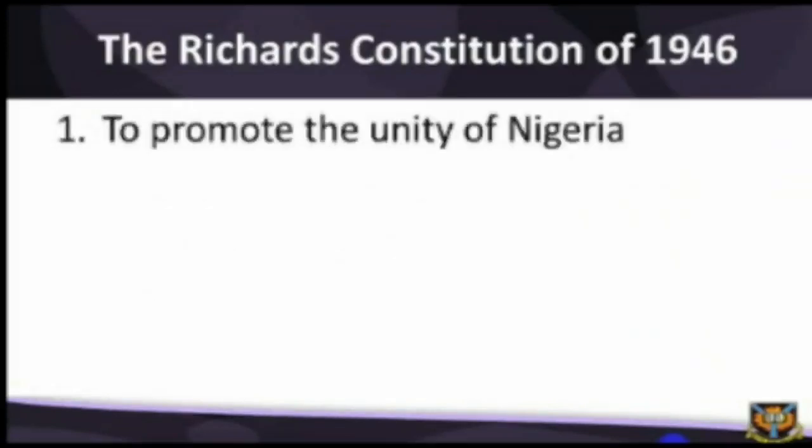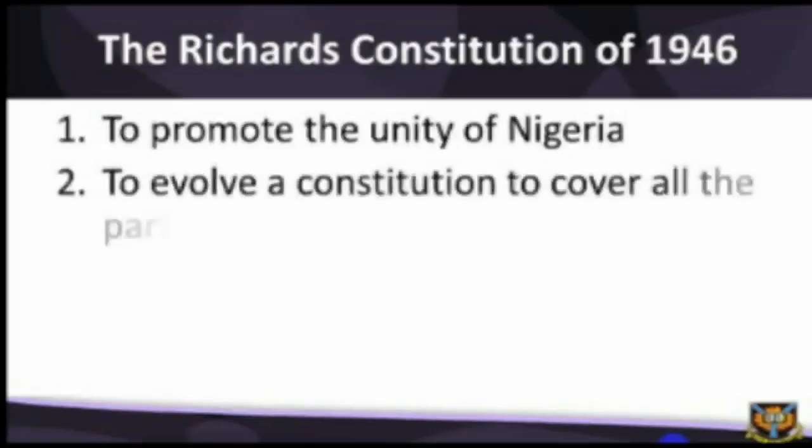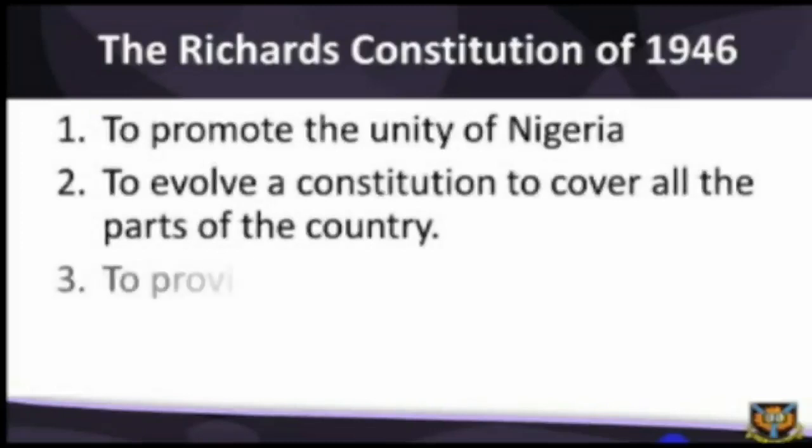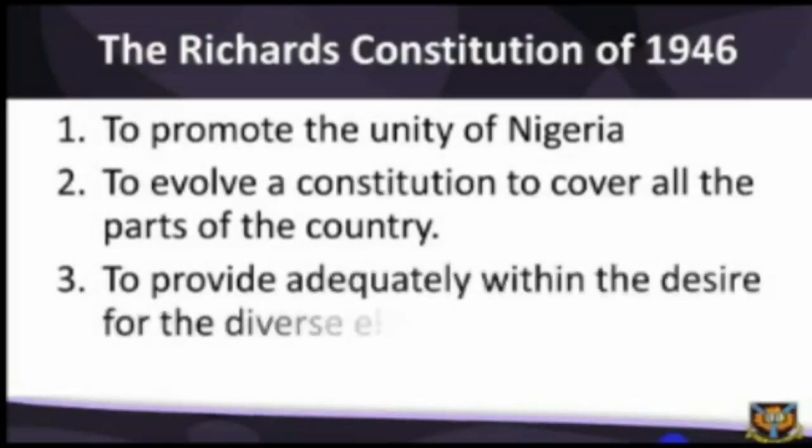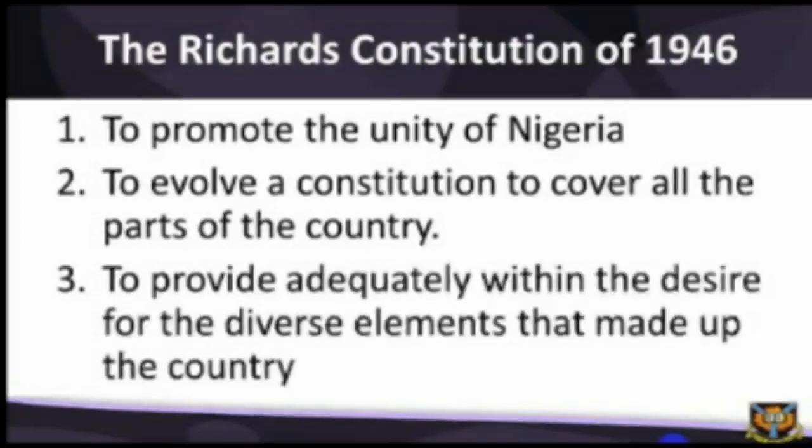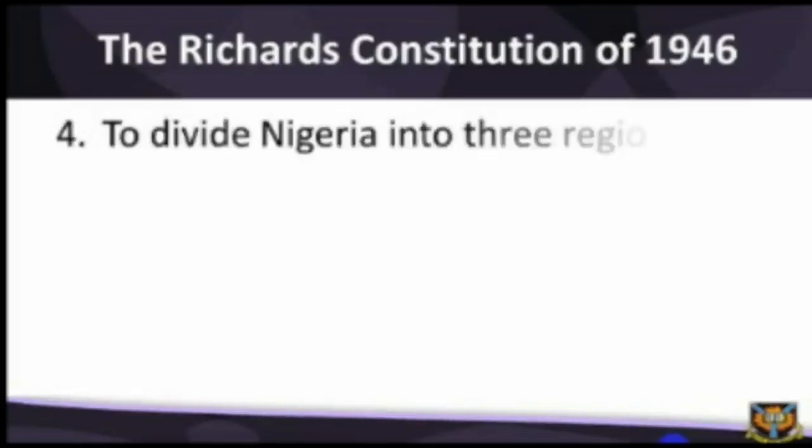1. To promote the unity of Nigeria. 2. To evolve the constitution to cover all parts of the country. 3. To provide adequately within that desire for the diverse elements that made up Nigeria. 4.